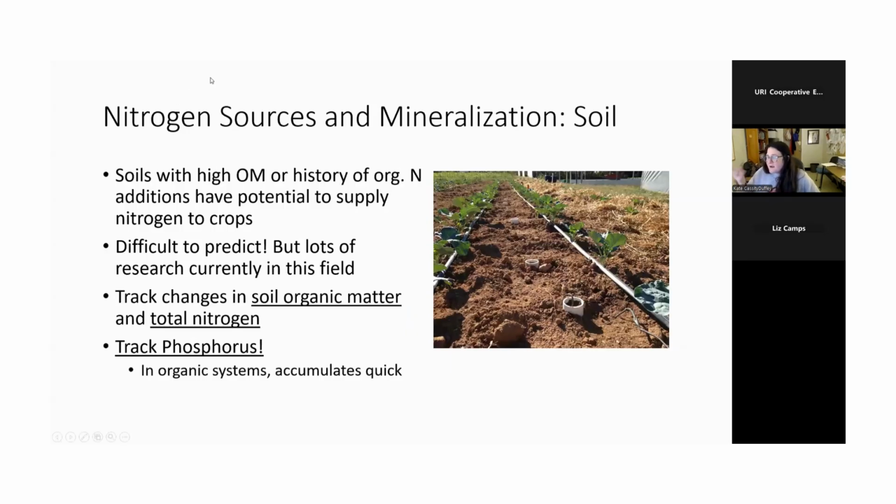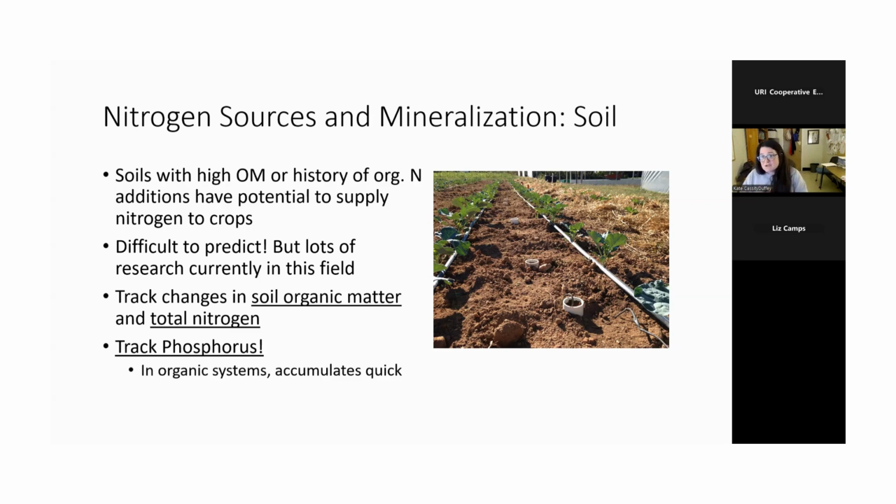Okay, but what I recommend is to assume that soils with a high organic matter or history of lots of organic nitrogen inputs have this potential to supply nitrogen to crops. Again, very difficult to predict. So what can we do? One thing I do recommend is to track your changes in soil organic matter. Noticing differences in your percent organic matter from year to year matters a lot more than one time point.